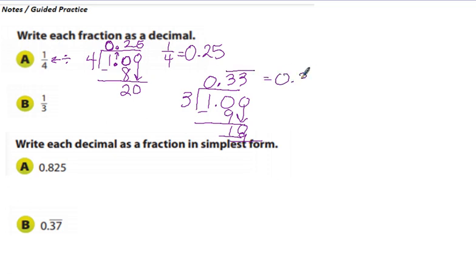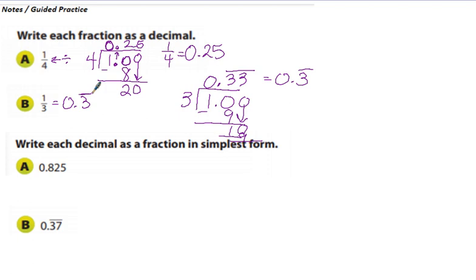We also could just put the line over one of them. So 1/3 is the same as 0.3 repeating is how we would read that. Okay, 0.3 repeating. All right. So fractions to decimals is just division.